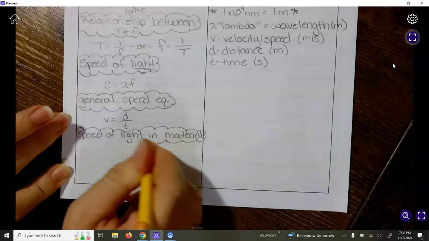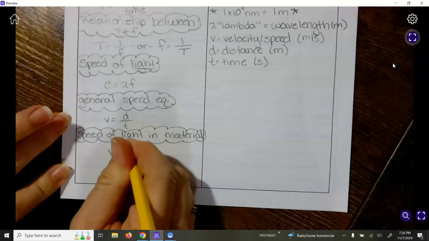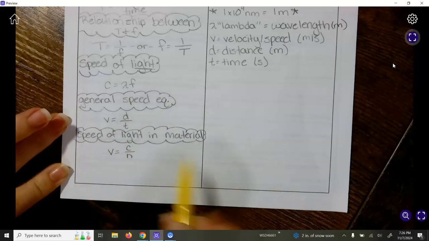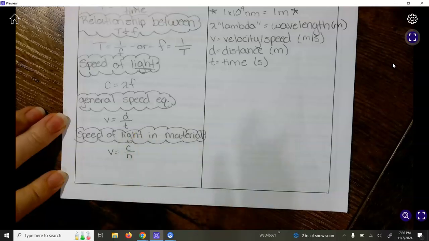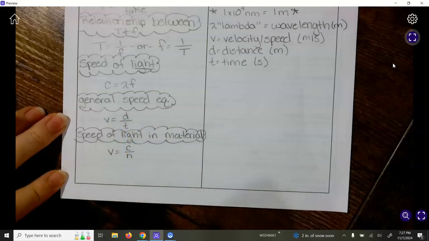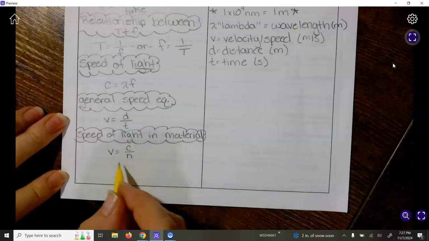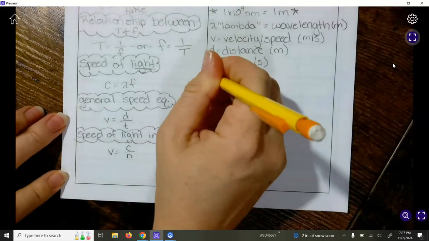And remember, the equation, which we were just looking at, is V is equal to C over N. Now this looks really similar to the general speed equation, and the way that you can tell whether you're going to be using this equation or that equation is what you're given and what you need to find, okay? The only new variable that we're going to write over here is n.